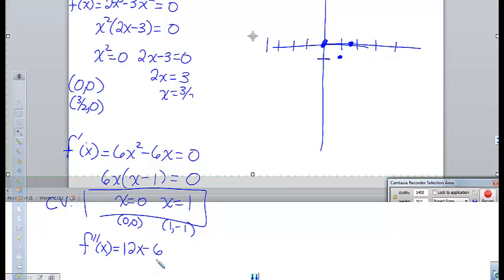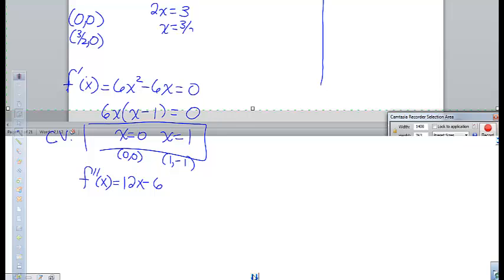We need to plug the critical values in here. F double prime of 0 equals negative 6, which means it is concave down, so we have a relative max.